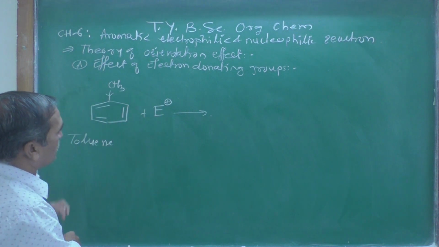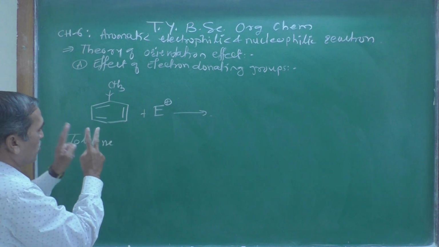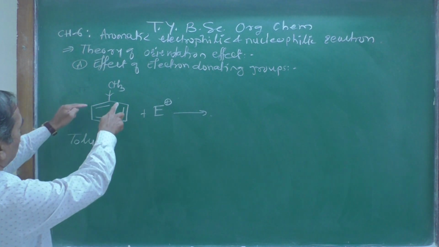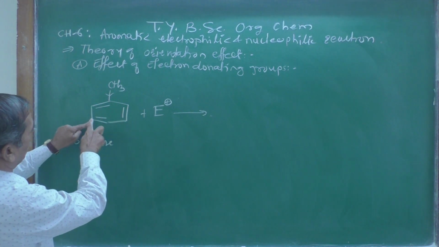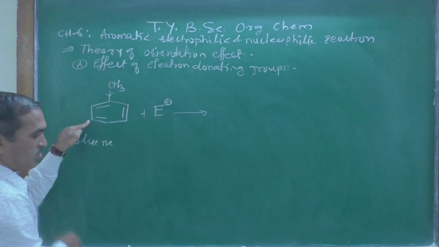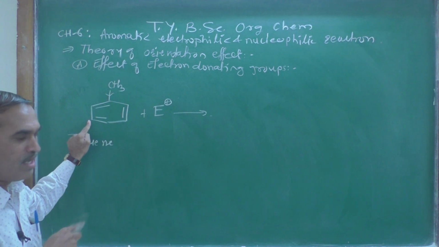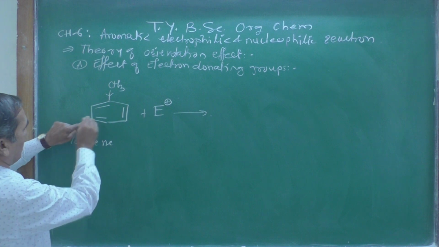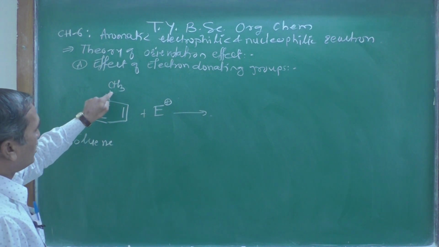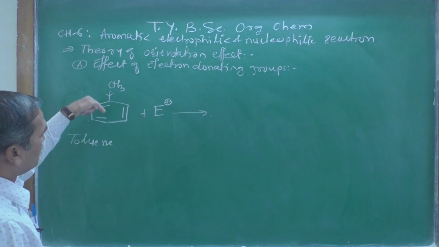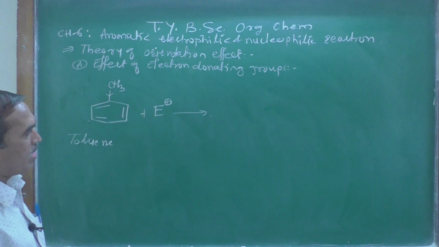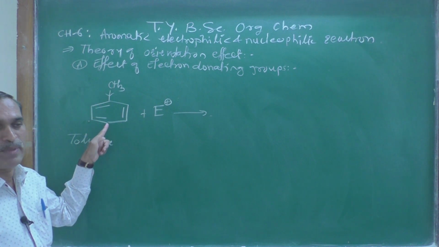They are ortho positions. They both are identical. Then look at these two positions. These two positions are also identical, and they are known as meta positions. And exactly opposite to this methyl group is the para position.